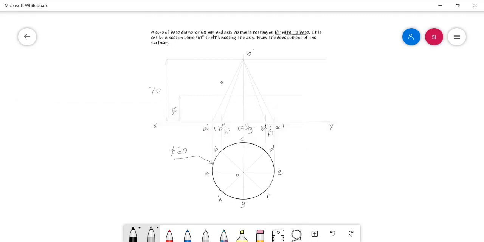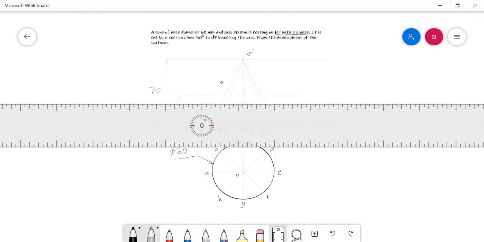Yes, at this height we are going to pass our cutting plane, which is 30-degree inclined to HP.